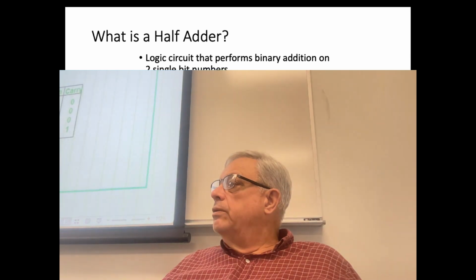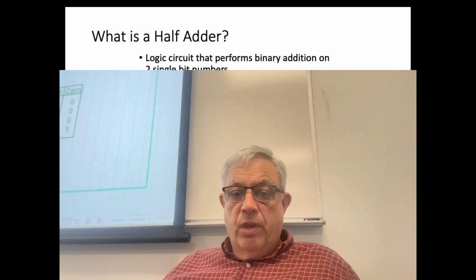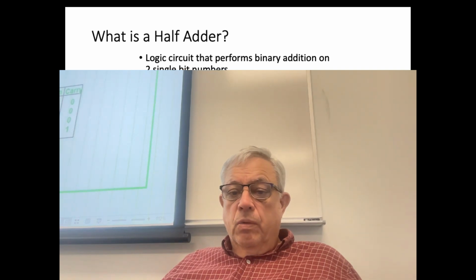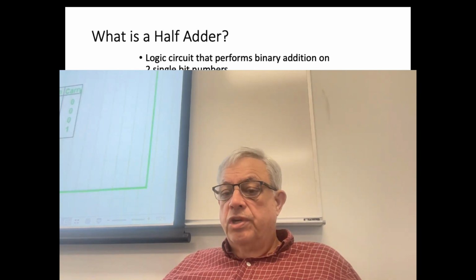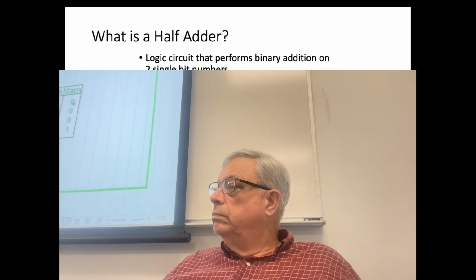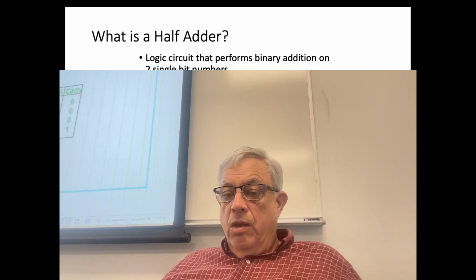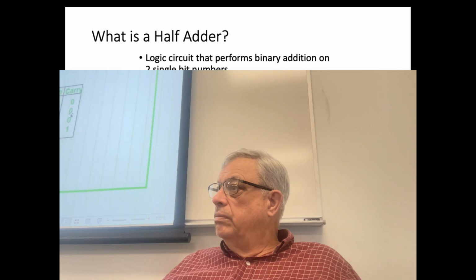We talked about adders. This is where we got into the last part of the semester. We're going to take two inputs, A and B. A, 0 plus 0 is a 0. Carry is 0. No big deal. If A is a 0, B is a 1, 0 plus 1 is a 1. Carry is 0.